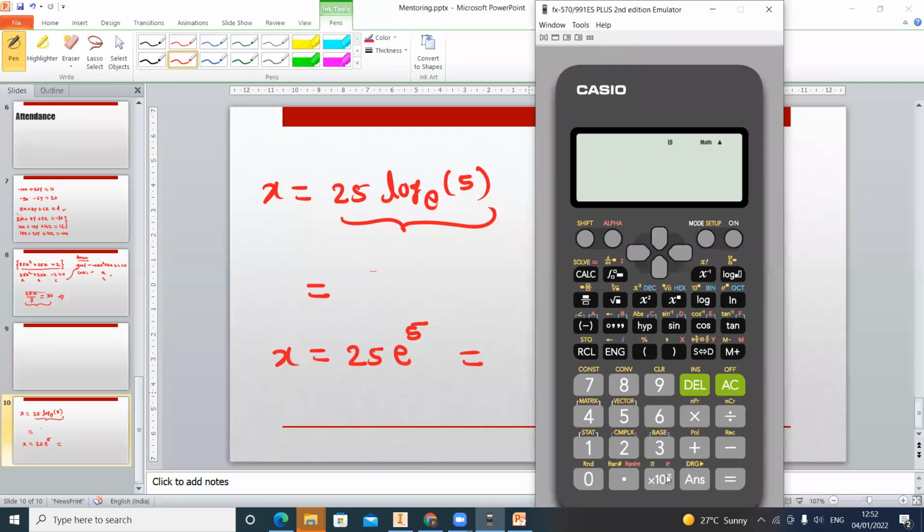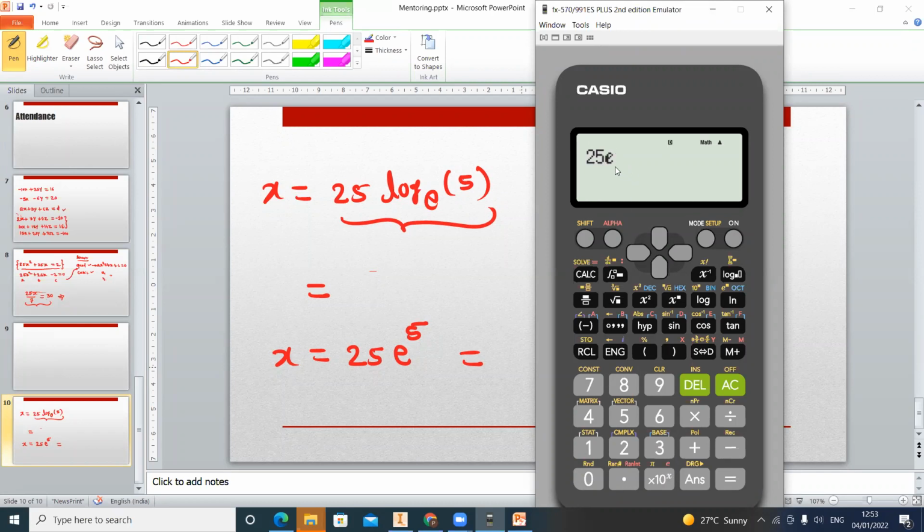There is another button, which is 10 to the power x. Here you can see the exponential term. We have to use the alpha button if you want to access 10 to the power x. So just observe, 25, press alpha, then 10 to the power x, that means exponential term.